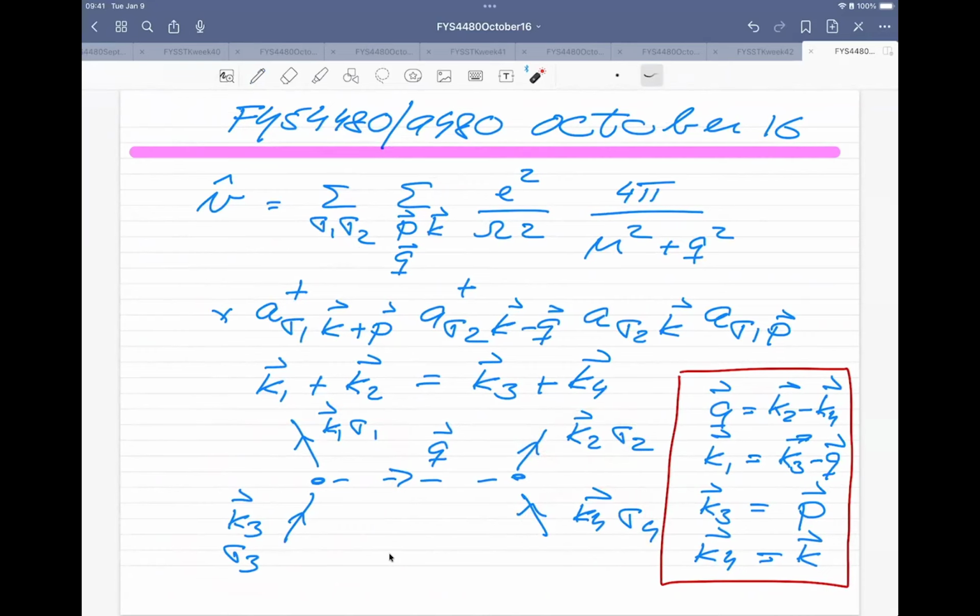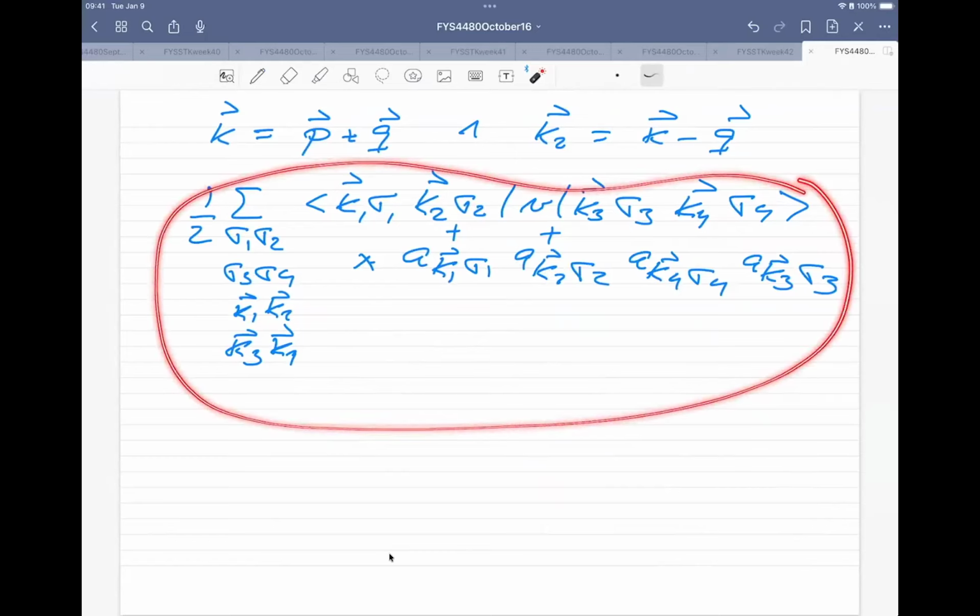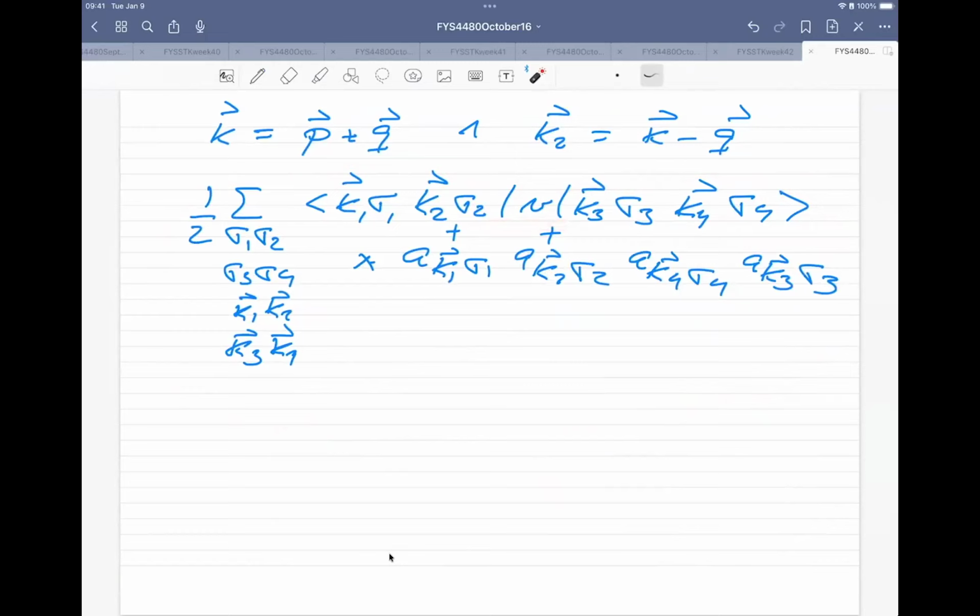Originally, we started with this expression. Then, when we looked at the integral here, we could find a simplification for that integral by calculating it. That gave us two Kronecker deltas, which simply said that sigma 1 has to be equal to sigma 3, sigma 2 equal to sigma 4. And then we got that K1 plus K2 has to be equal to K3 plus K4 from the interaction itself.